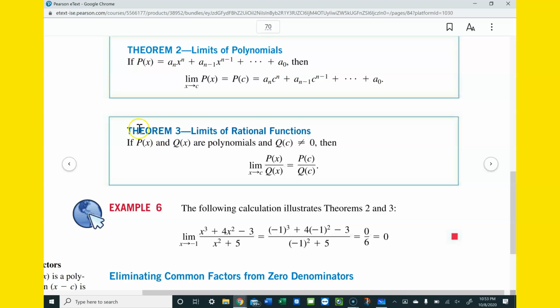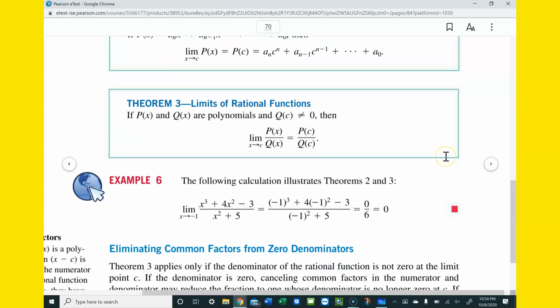All right, that's what this theorem states. If you have a polynomial, the limit of that polynomial as x approaches c is just going to be plugging c in for the x values in that polynomial. If you have a rational function, p of x over q of x, again, you can just plug in that value c and get p of c over q of c, as long as plugging c into the denominator doesn't make that denominator equal 0.